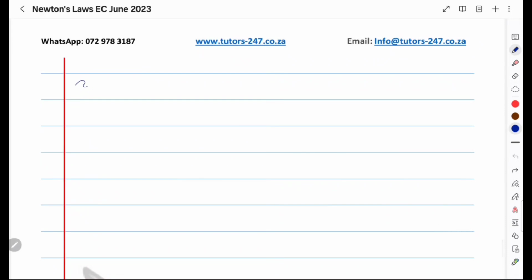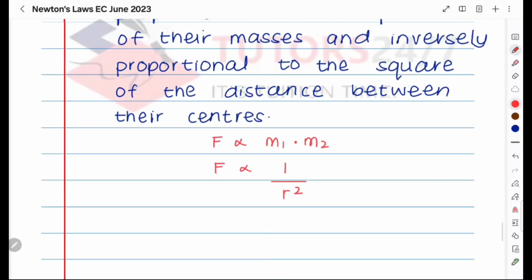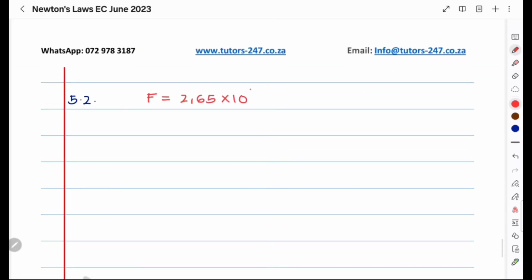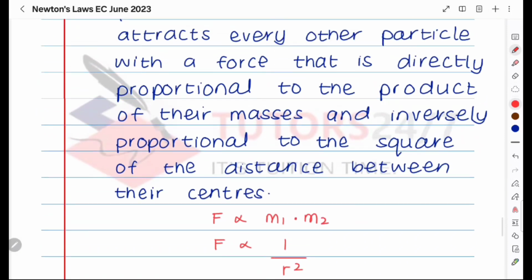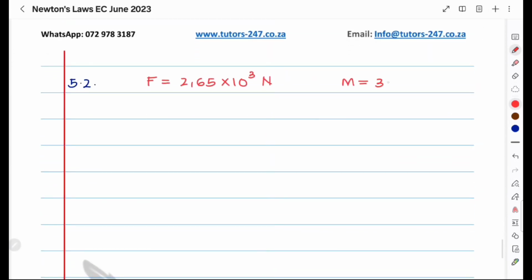Let us attempt. So what is known is our value of F is 2.65 times 10 to the power 3 newtons. The mass of the satellite is 380 kgs.